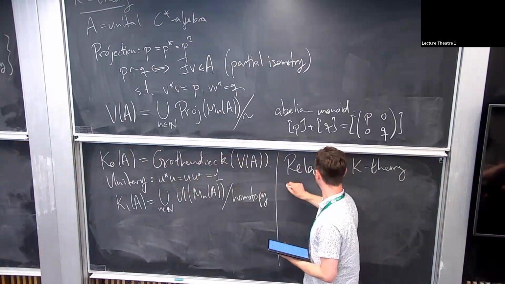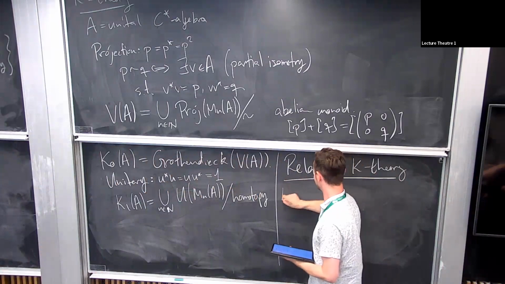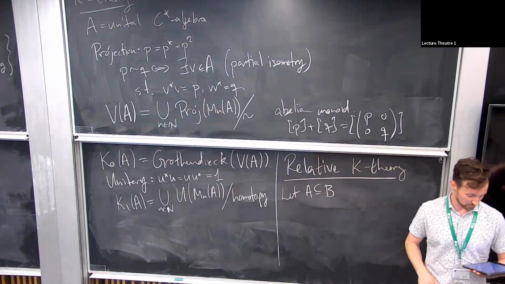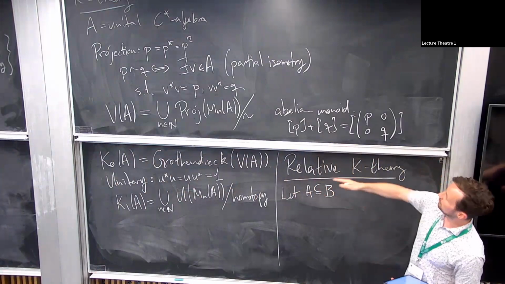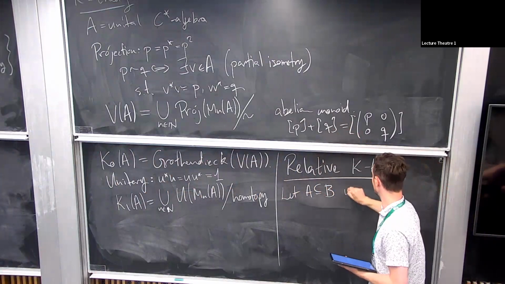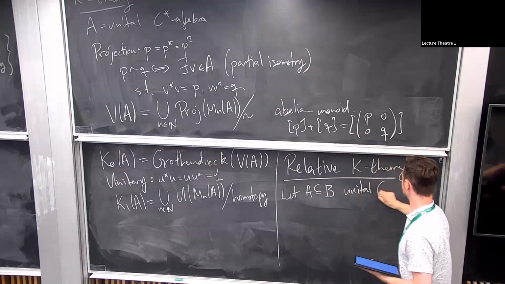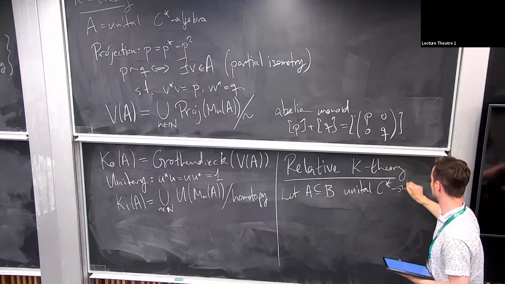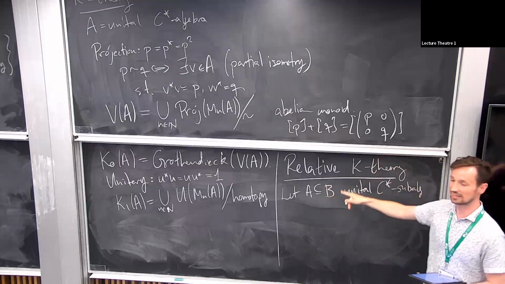So now, if we take some inclusion of C-star algebras, and in this case, before I was looking at unital C-star algebras, so I'm going to take a unital C-star subalgebra. So I've got a unital C-star algebra and a unital C-star subalgebra, so they share the same unit.